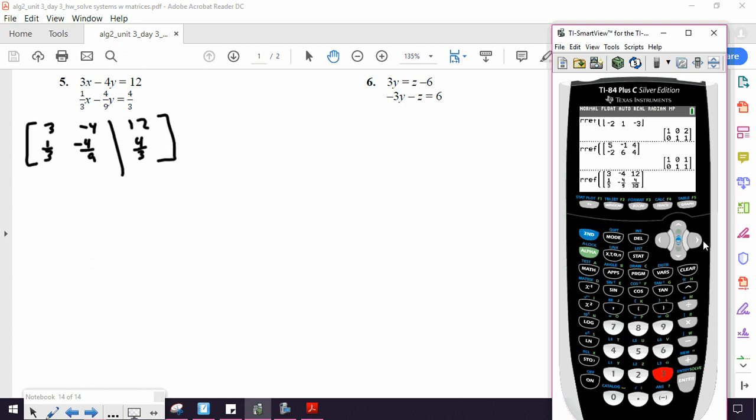Now everything looks right, like it should. Double check, yes, and yes. So we hit enter. Now let's write down our output.